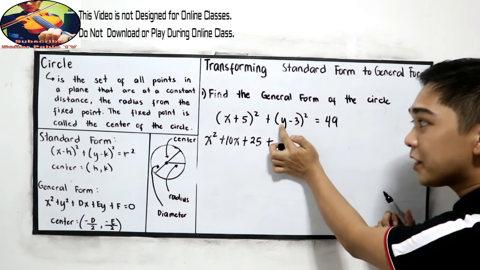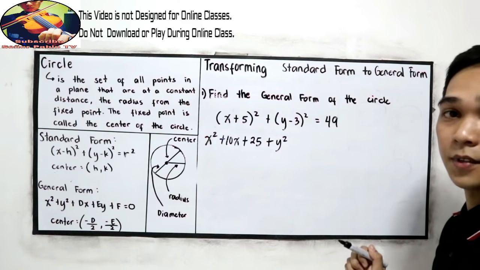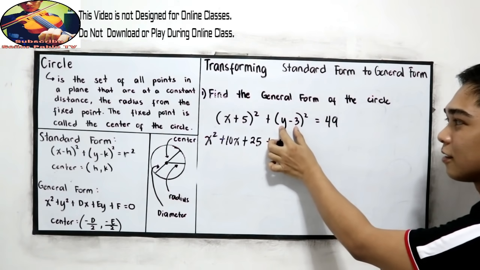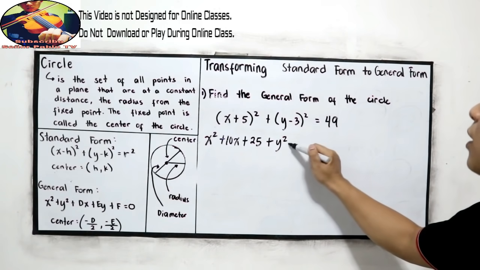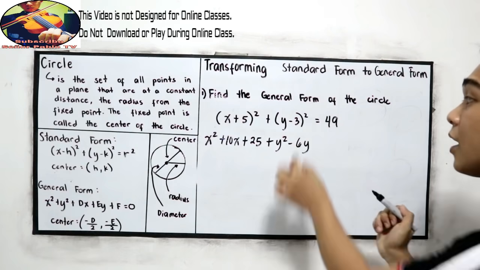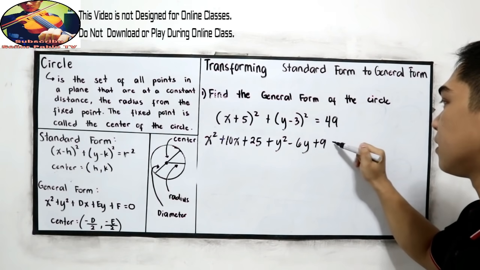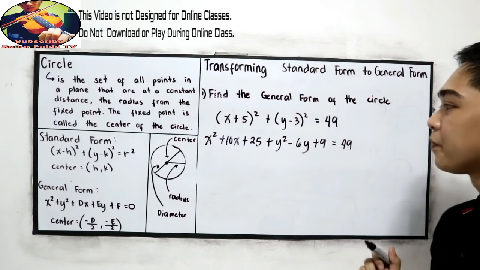Now, square the first term, that is y squared. Multiply the first and the second term, that is negative 3y, times 2, negative 6y. And square the second term, positive 9, is equal to 49. Just copy 49.